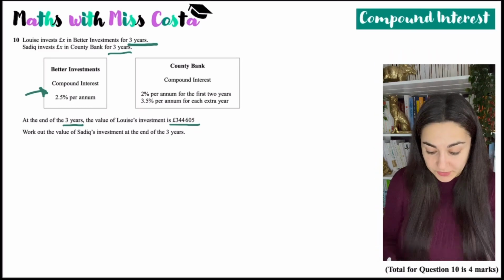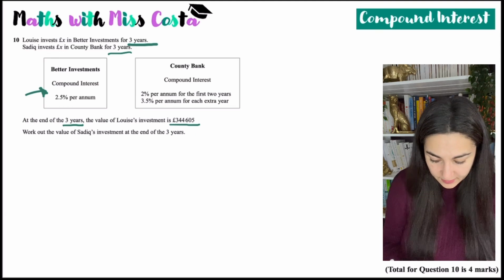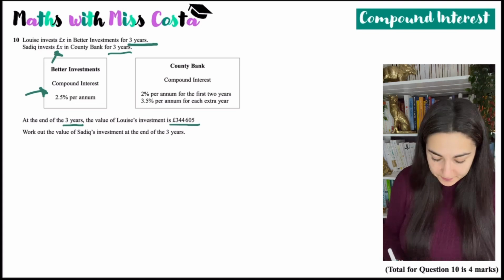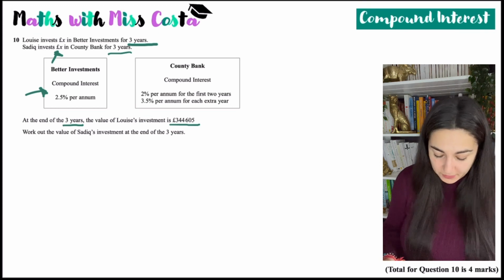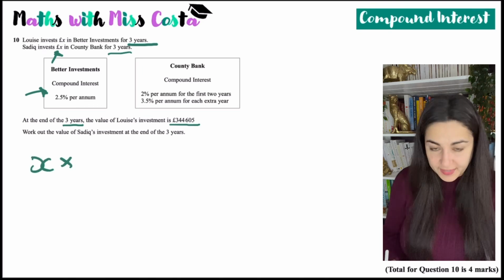Because we are told that they both invest X amount, that implies that they both invested the same amount. Okay, so what we have to do is reverse engineer, go backwards to figure out what amount Louise invested. So Louise invested X, so whatever she invested, we'll call that X, and she invested it for 3 years.